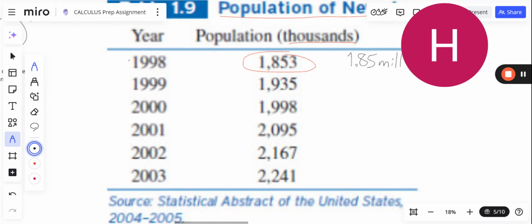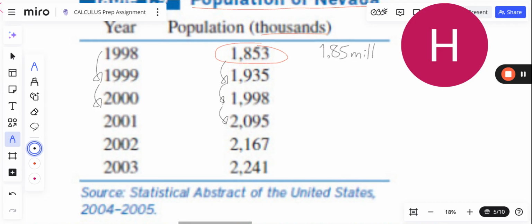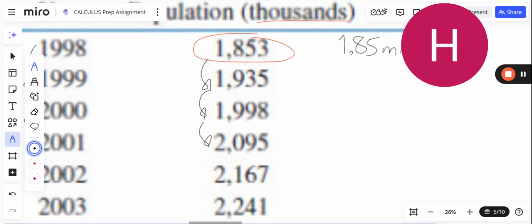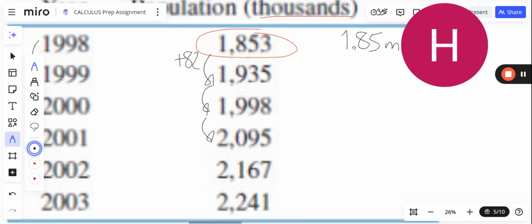And it looks like as the years go on, one year at a time, the population is increasing, which makes sense. How much is it increasing by? It's really interesting to check these data tables and use them for what they're there for, to show you data. And so we can make quick comparisons here. This goes up by 82. Okay, so the population increased by 82,000.